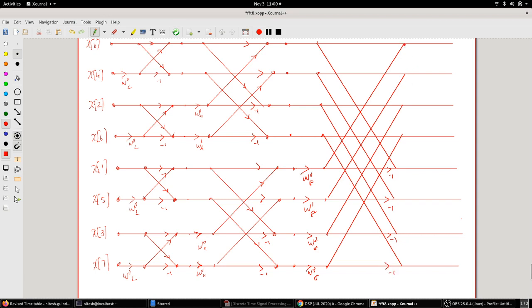So they converge here. Now if you see this, this is your 8 point output. This is x of 0. Decimation in time, so this will be in order, right?